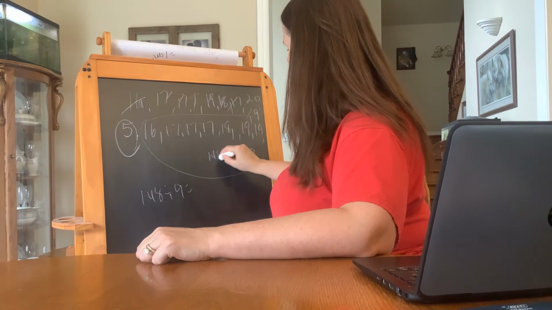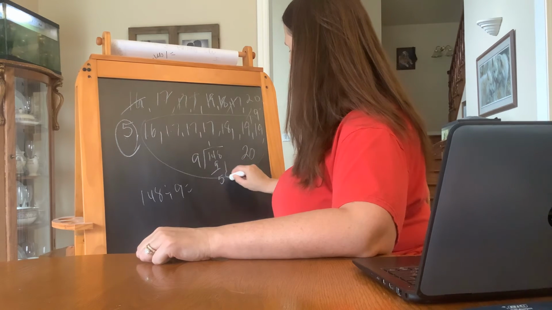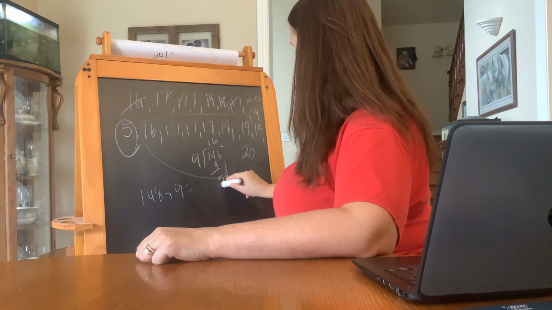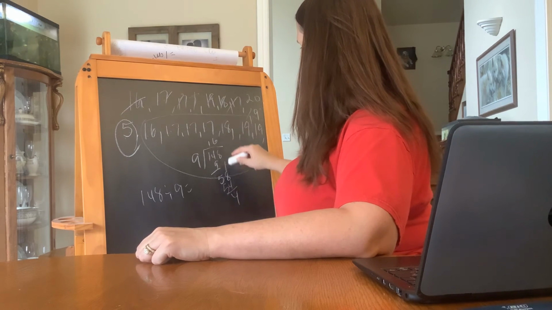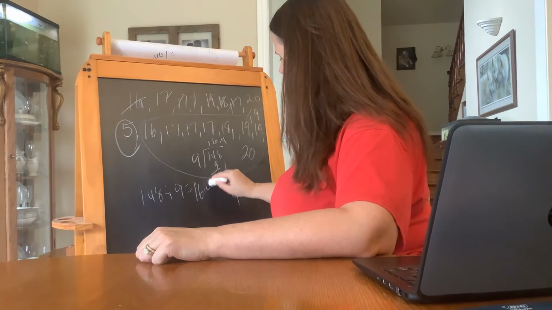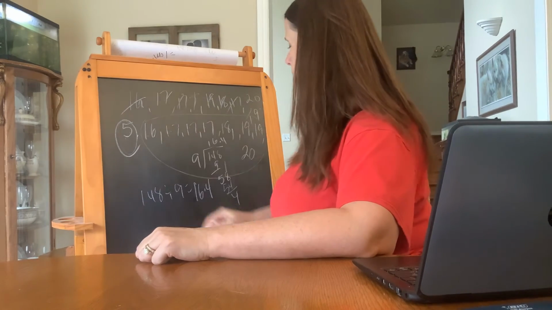So 9 goes in once, which is 9, 5 left over, 9 into 58 goes 6 times, which is 54 with 4 left over. It's about 16.4. So that would make her average 16.4 if we include the outlier.